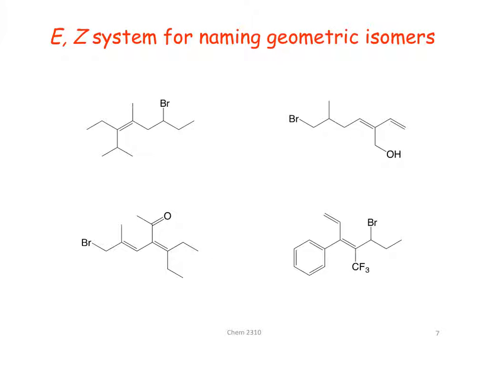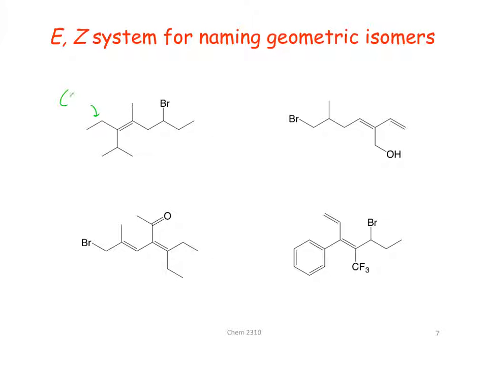So we've got to focus in on the alkene. In this first one in the upper left, here's the alkene. We're going to rank the two groups on one end. Which of these is going to rank higher? We could do what we did before. If we look at this carbon, we go out one position, it's both carbons, so it's a tie. So let's list what's attached to that carbon.